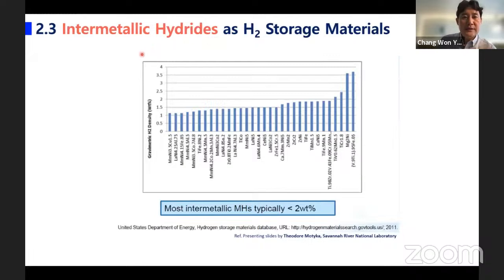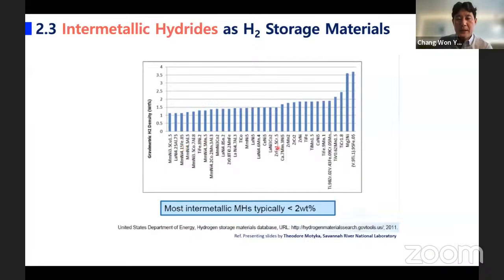A similar but slightly different technology compared with metal hydride is the intermetallic hydride, which uses at least two metals. For example, titanium chrome has 1.8 gravimetric hydrogen storage density, or the lanthanum nickel alloy, or lanthanum nickel with some other metals, and titanium, iron, and nickel composite alloy, things like that.